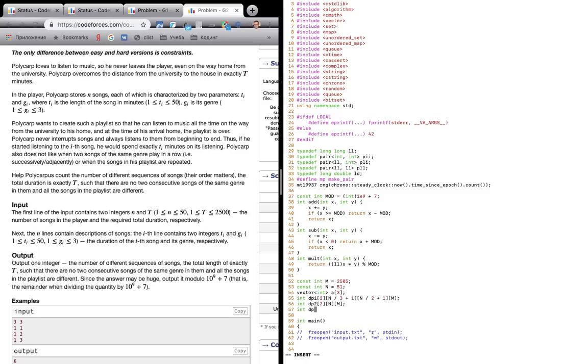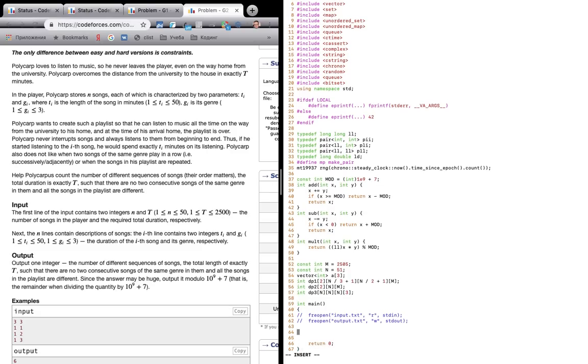And we also need a DP for how many orders there are for a given number of songs in each genre, and the last parameter is the last song. We need it because we have to ensure that every 2 consecutive songs are different. Okay, let's go.